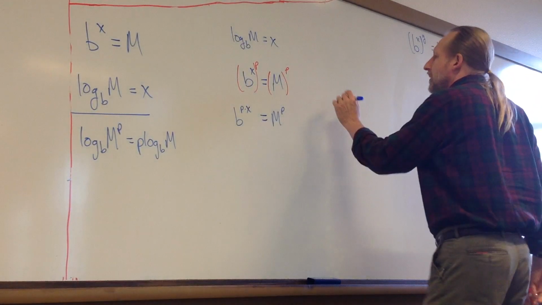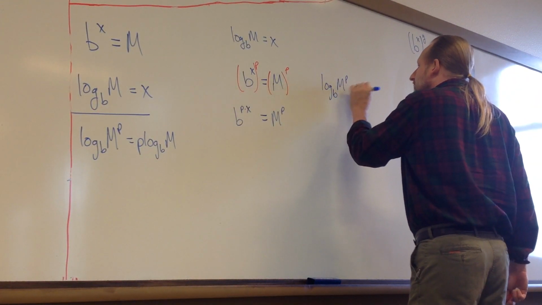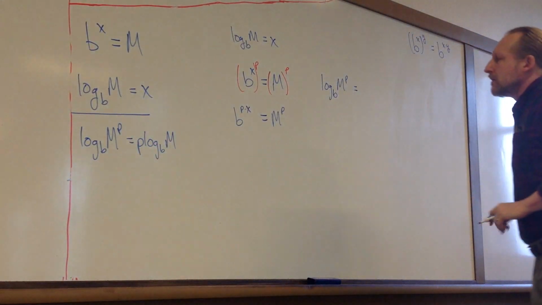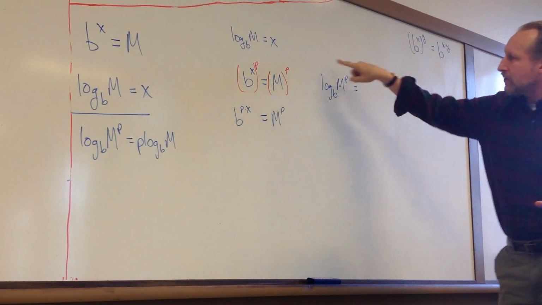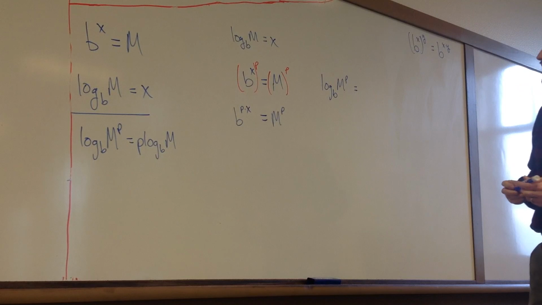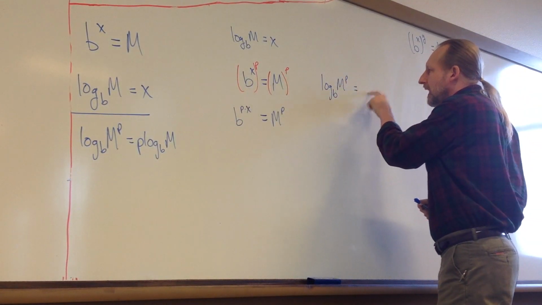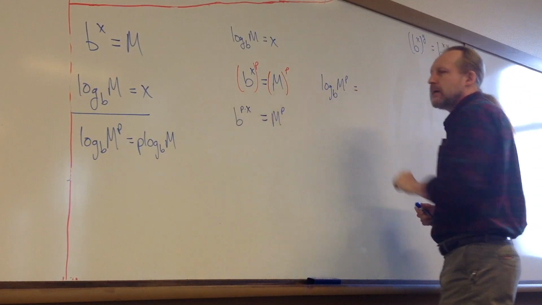Now we come back to the question of what is log to the base b of m to the p power, and how is it equal to this? Well, we have to understand what question this is asking. When you write a logarithm, what you're really asking is, what power do you have to raise b to, to get m to the p?